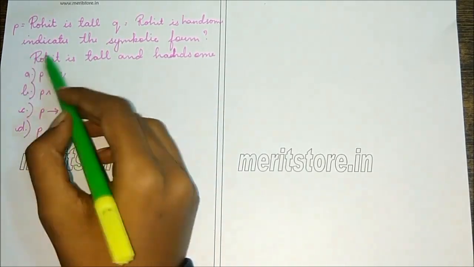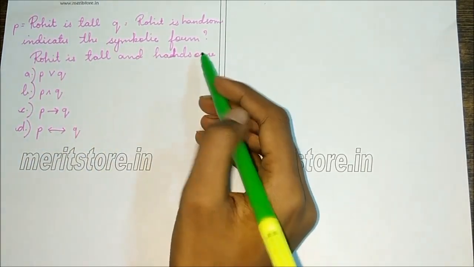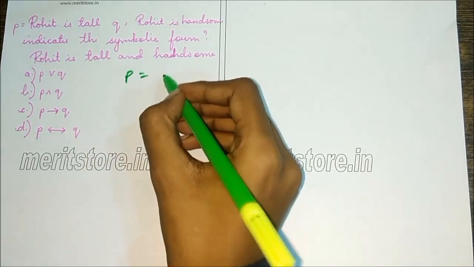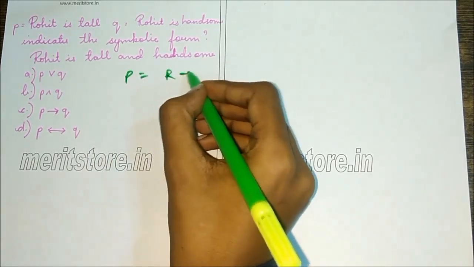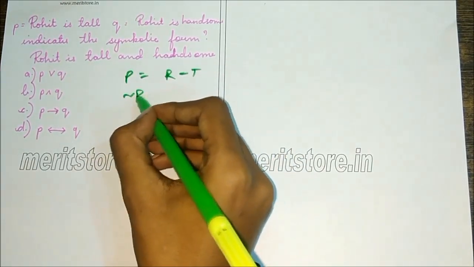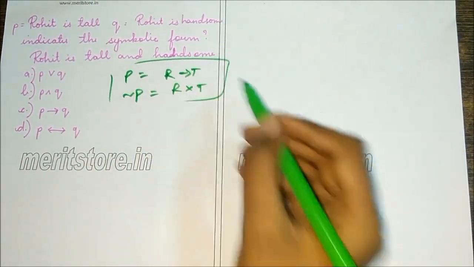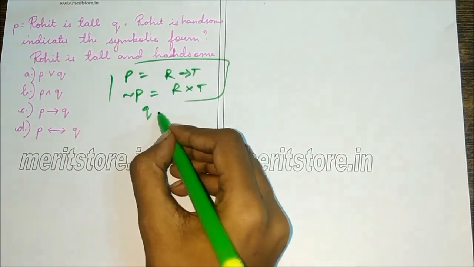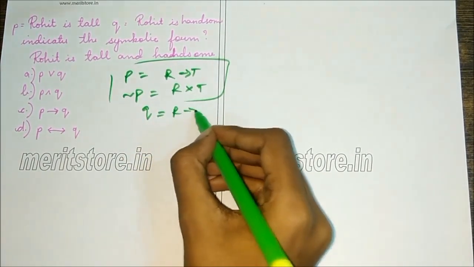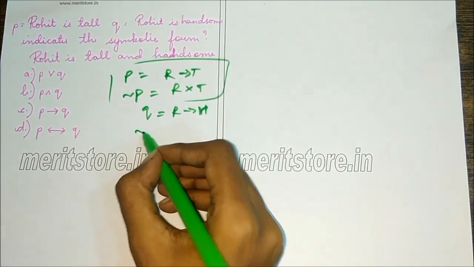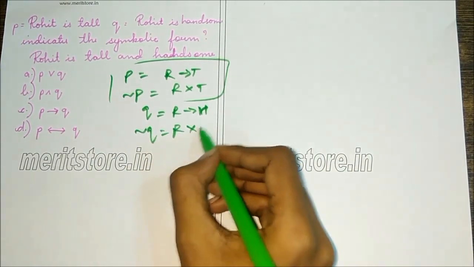The statement is Rohit is tall and handsome. We know that P is Rohit is tall, so negation of P is Rohit is not tall. Similarly, Q stands for Rohit is handsome, so negation of Q is Rohit is not handsome.